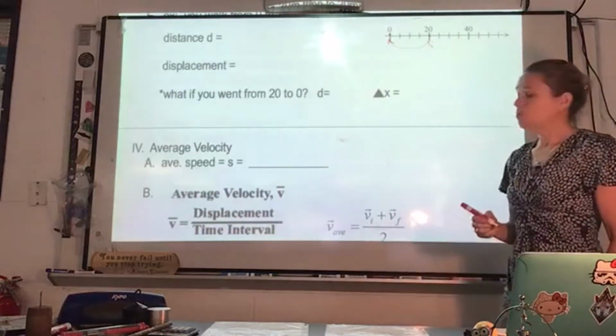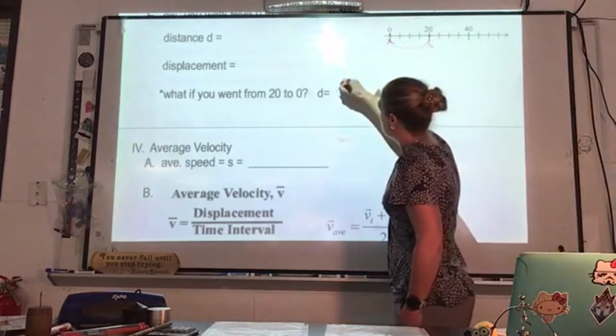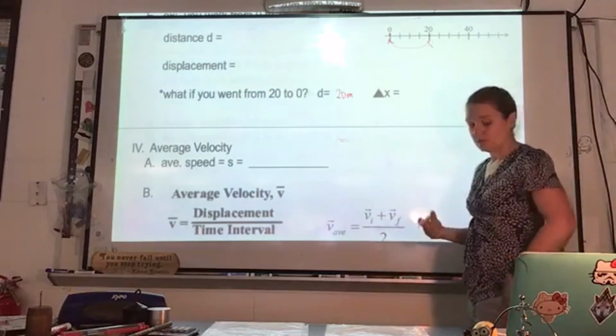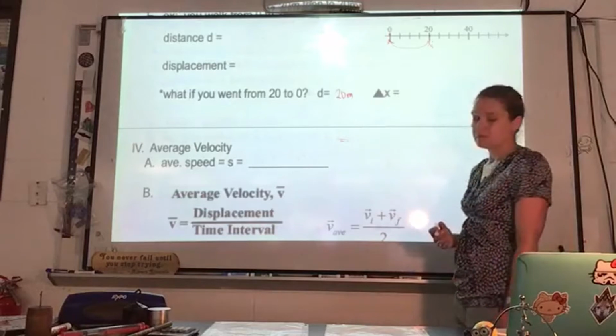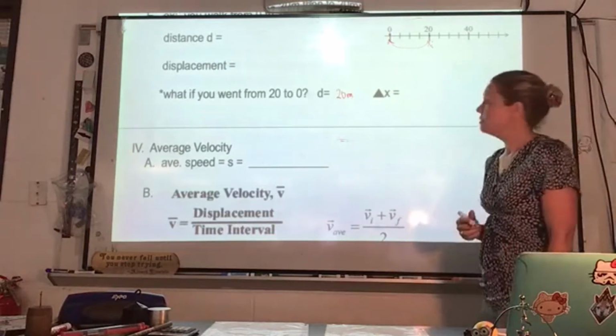What's my distance? Well, I went 20, right? I moved 20 meters. If you had a smartwatch, it might be logging that, and you'd know that. What is my delta x in this case?